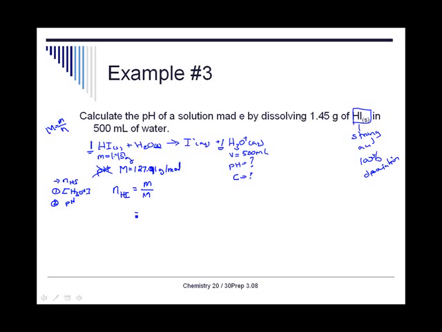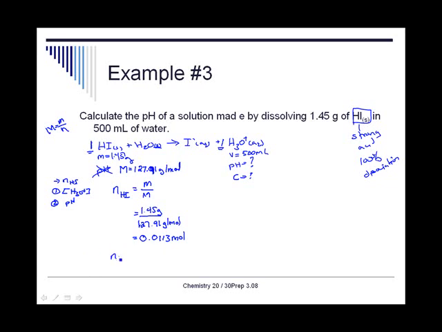And so now we can start our calculations. 1.45 grams divided by 127.91 grams per mole, and we get 0.0113 moles. Now we can use our mole ratio.